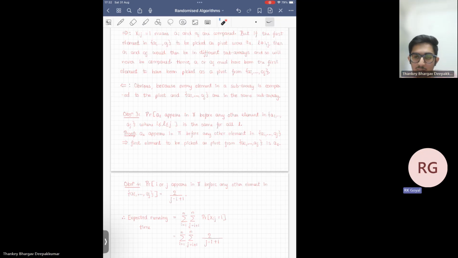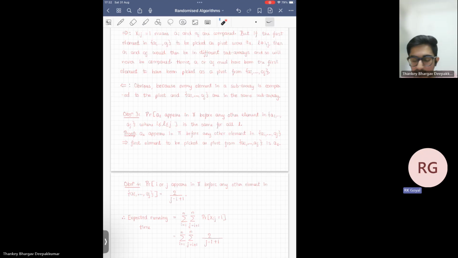But the moment you pick some element over here as a pivot, that becomes the root of a subtree, and the left and right subtrees contain elements less than it and elements more than it. So in the level order traversal, the first thing to be picked as pivot would appear first. This is the same for everything in AI to AJ.